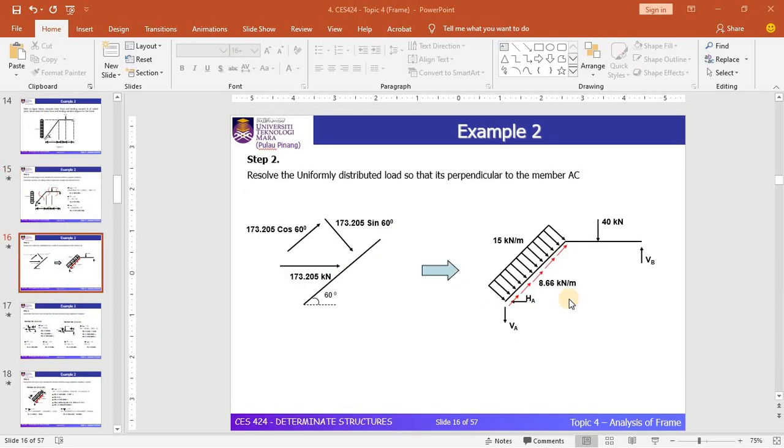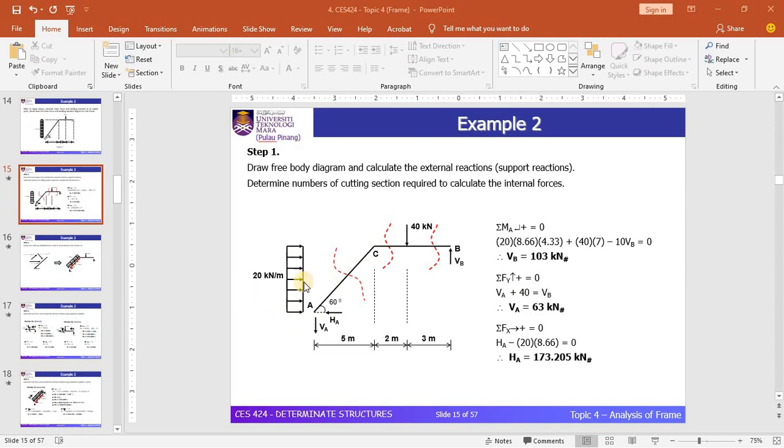This is the slanting member in the frame structure. What you need to do for this particular step, as you can see in this slide, is change this UDL into a UDL imposed along member AC.